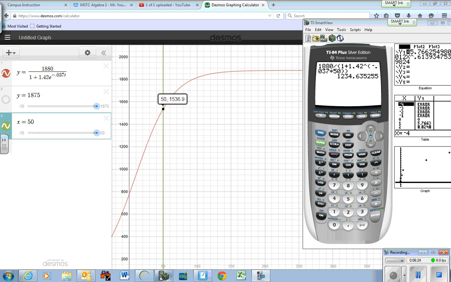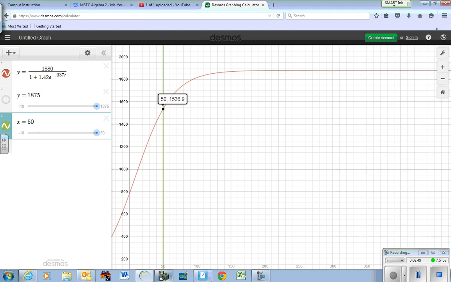In my calculator, I forgot the E. I need to do 1880 divided by 1 plus 1.42 times E to the negative 0.037 times 50. Close that, 1536. There we go. All right, found it. Thank you. All right, so at 50, we have 1536.